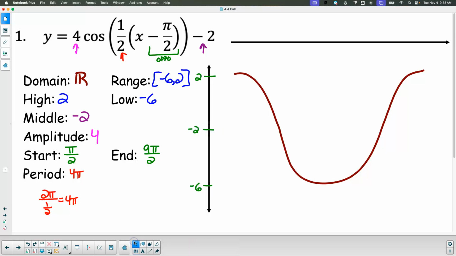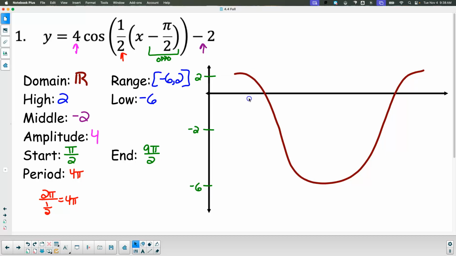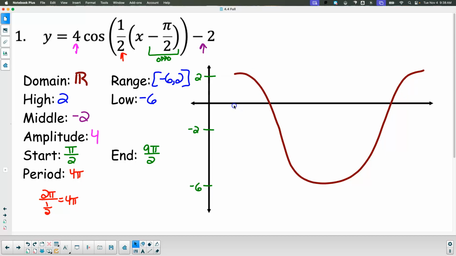So that allows me to figure out where my horizontal axis can go, which would be up there. We started at pi over 2. We ended at 9 pi over 2.